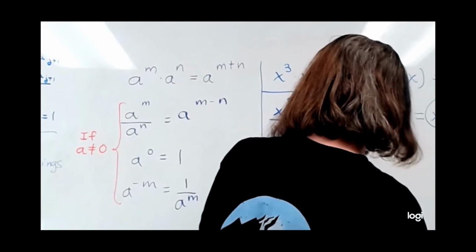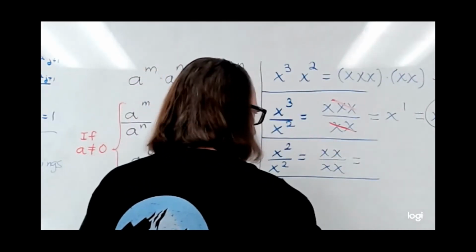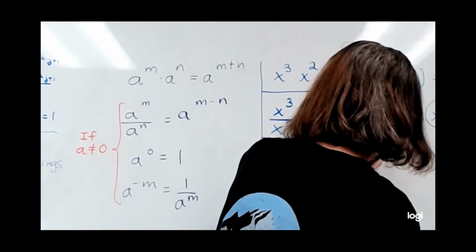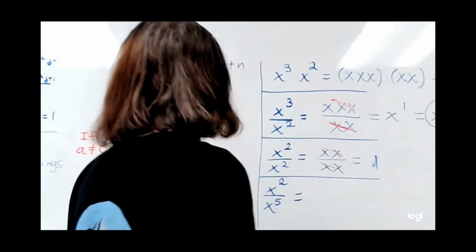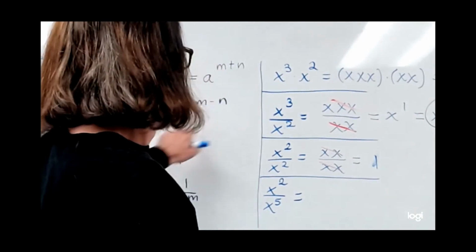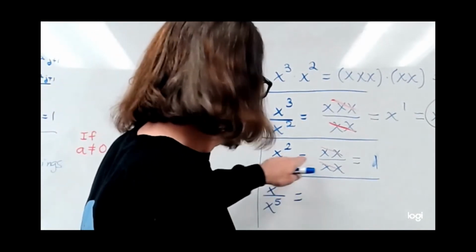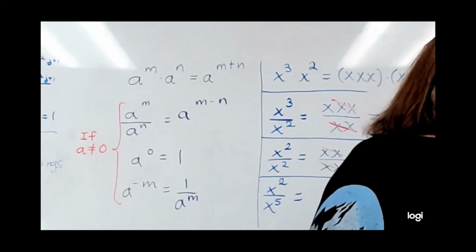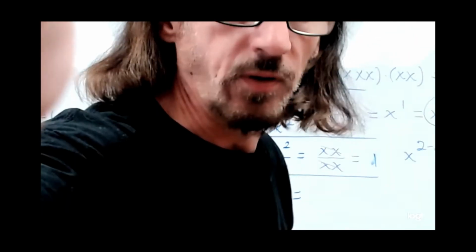With x squared over x squared, both copies of x in top and bottom cancel out. So we're left with 1. But on the other hand, if you want to keep going with the fact that when we divide things with the same base, that we could subtract the exponents, if we want to keep that going, then 2 minus 2 will give us an exponent of 0.